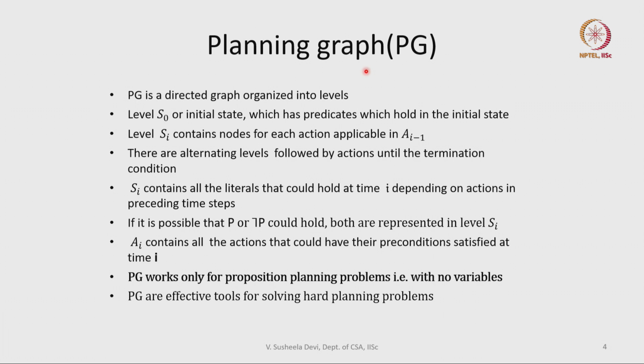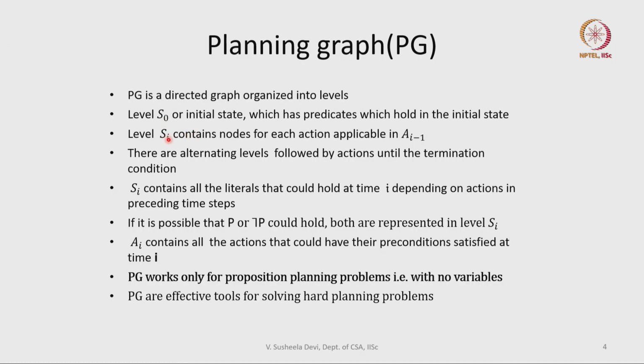Okay. So you're starting with S0 or the initial state. So these are predicates that hold in the initial state, and level Si contains nodes for each action that is applicable. Okay. So you are going to see what are the actions that are applicable at level S0, and if you apply those actions at level S0, you will get the level S1.